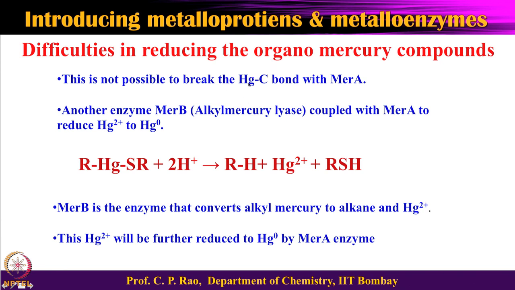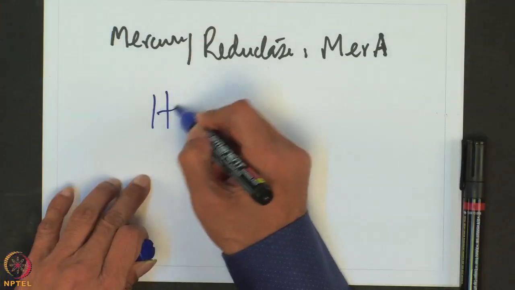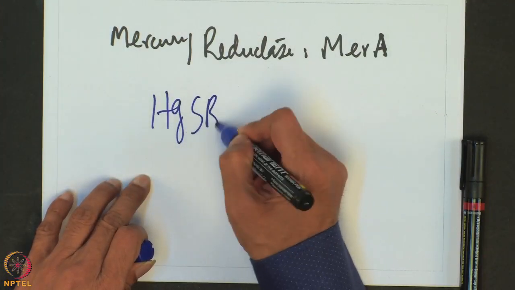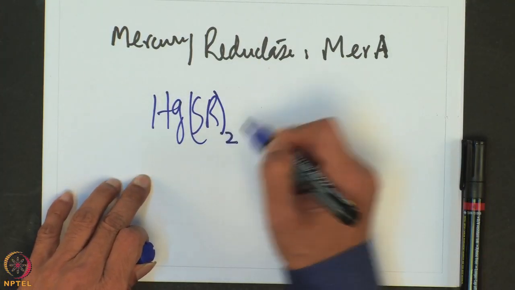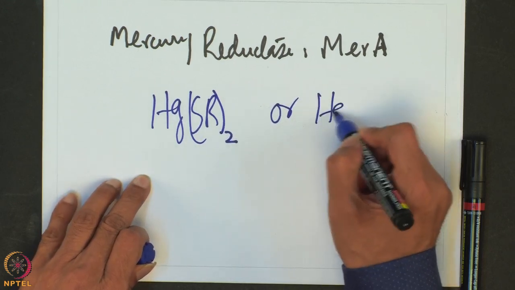So, if you have such a kind of environmental impurity, can you expect that this particular enzyme works? What I explained to you earlier is that it will work for Hg2 plus ions, it will also work for the Hg with the thiolate complex, that is HgSR or HgSR2 complex, or Hg2 plus ions.